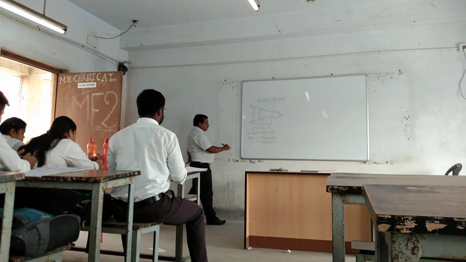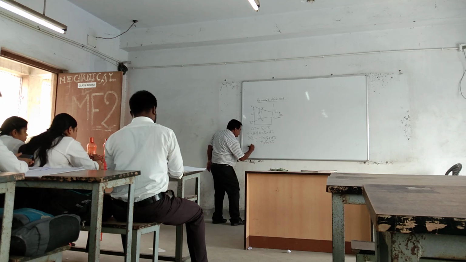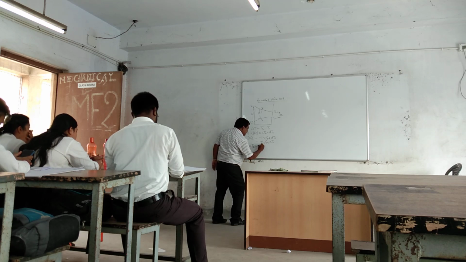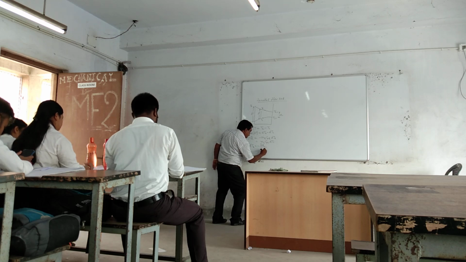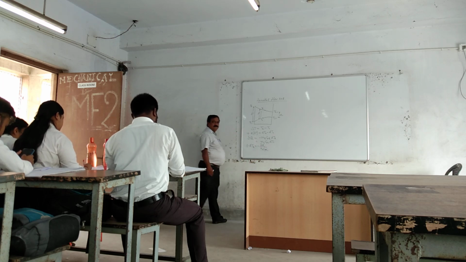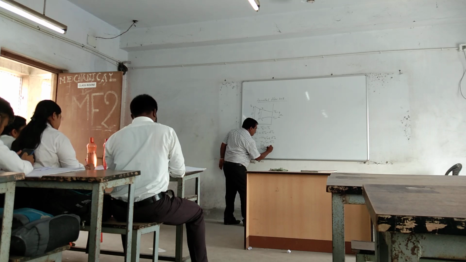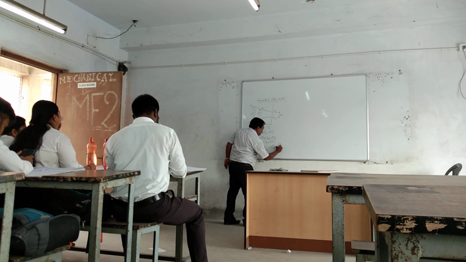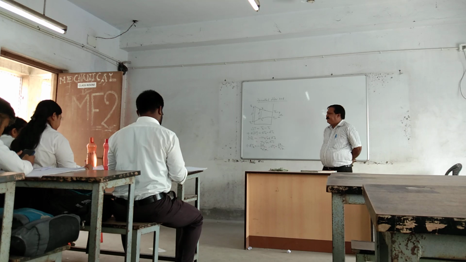Now from these two equations, we can write the value of dTH is equal to minus delta Q by m dot H CPH. Similarly, dTC could be found out as delta Q by m dot C CPC.